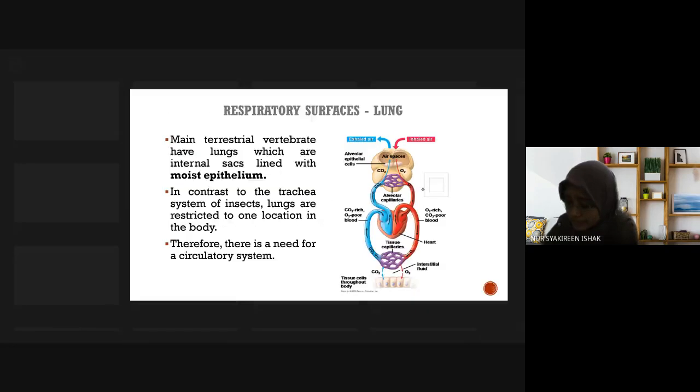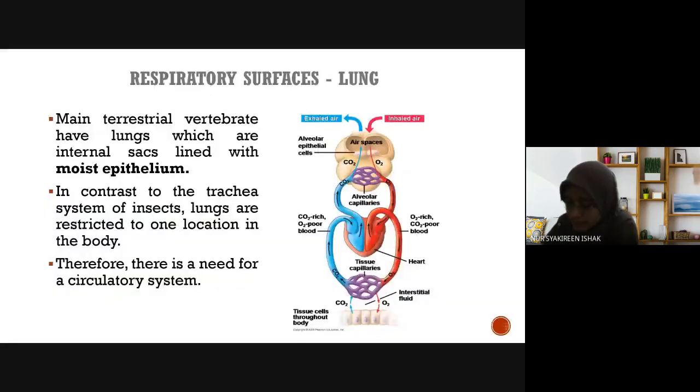The blue blood vessels here are from the pulmonary artery. Sorry, pulmonary artery. Ingat, the pulmonary artery carries oxygen poor blood to the lungs.